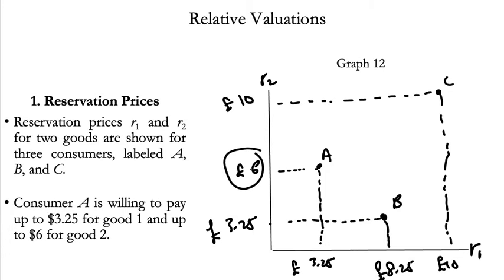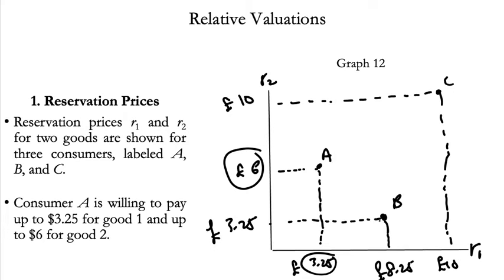Because he is willing to pay higher for good 2. But he's not willing to pay higher than 3.25 for good 1, isn't it? That means if you sell good 1 and good 2 separately, then consumer A will only purchase good 2, by looking at his willingness to pay the highest price.